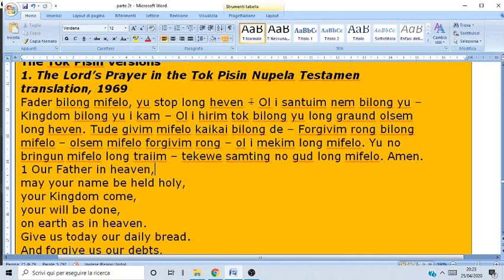Without reading it, may your name be held holy. And this is this other part over here. You can recognize the word nem. Your kingdom come, and it's this part we said. Your will be done on earth as in heaven. And this is this part, okay? Ground for earth and heaven.